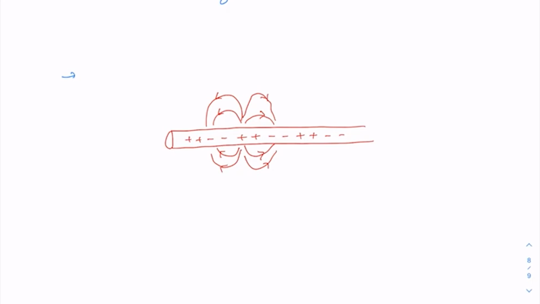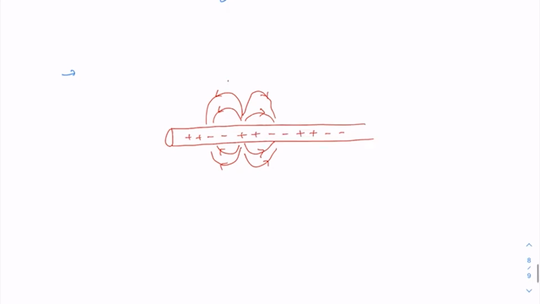These electric fields would have a tendency to push the charge distribution to spread out, and this is because of repulsion: like charges repel, so these negative charges will repel each other, positive charges will repel each other, and because of this pushing, the charge distribution would spread out.